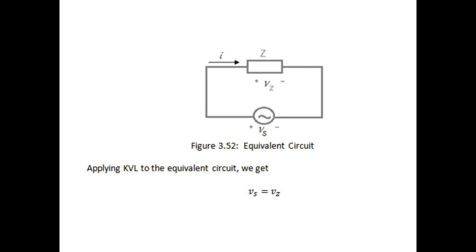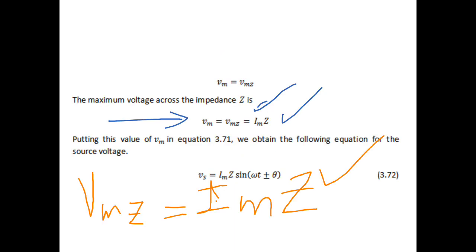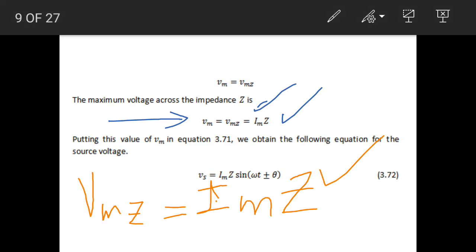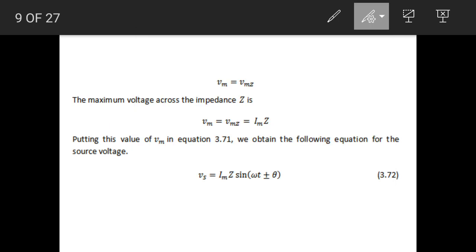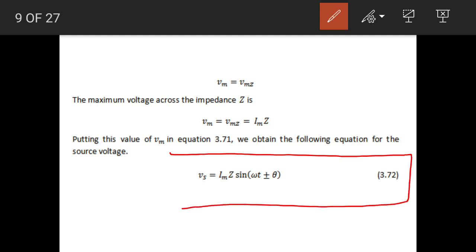If we put this value in equation number 3.71, we get equation number 3.72. The maximum value of this source voltage is IMZ, where Z is the impedance of this series circuit. So the source voltage is equal to IMZ sine of omega t plus minus theta.